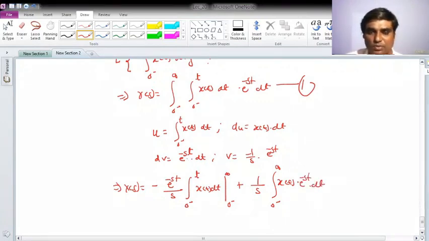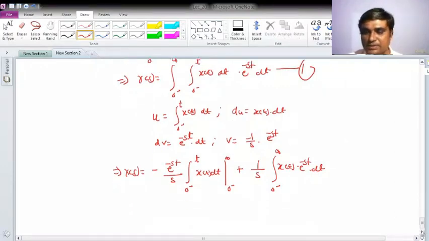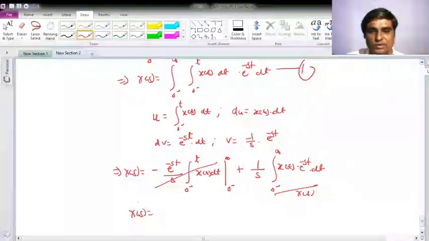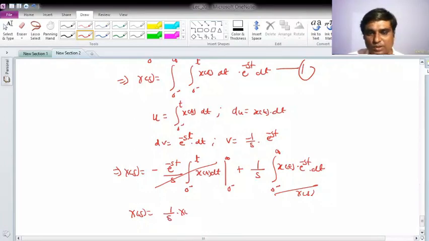That is the same law, uv from a to b minus the integral of v into du. Okay, and that is integration by parts. So this term will vanish. So what will be your X of s, and this is my X of s. Okay, so the resultant Laplace transform of this will be 1 over s into X of s.